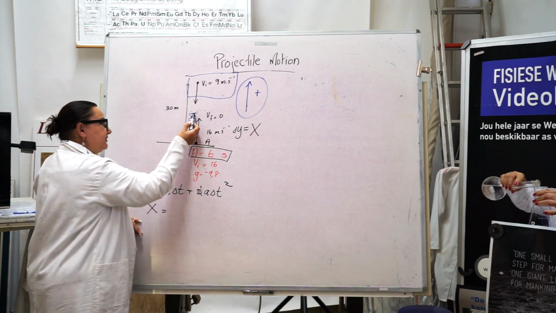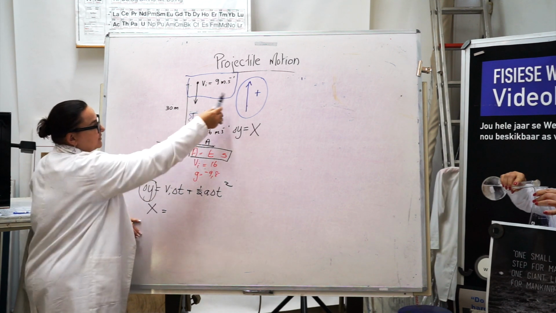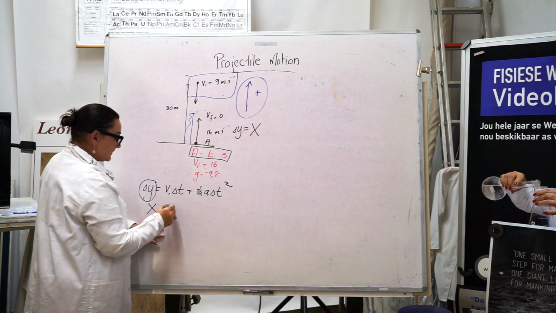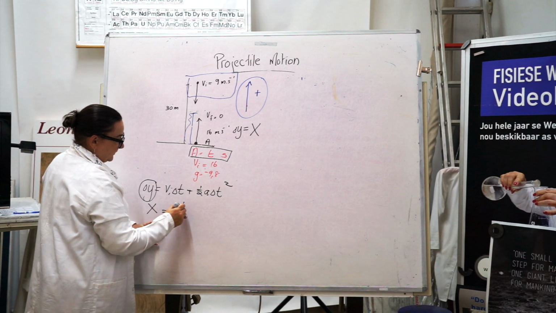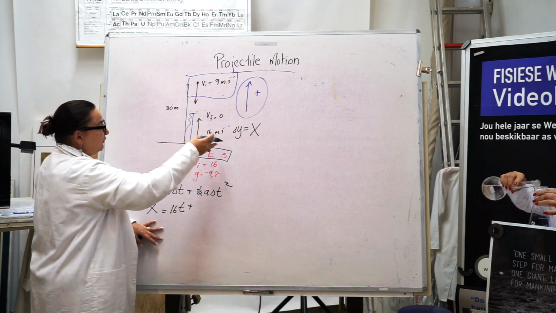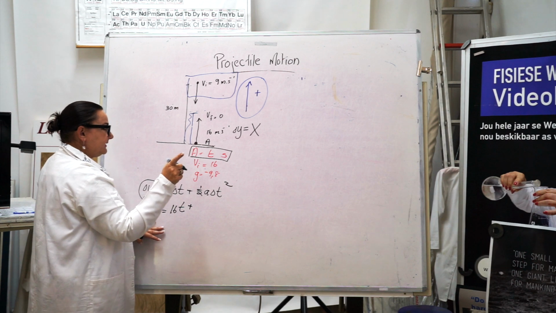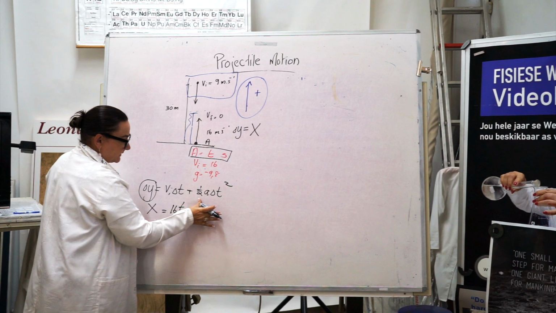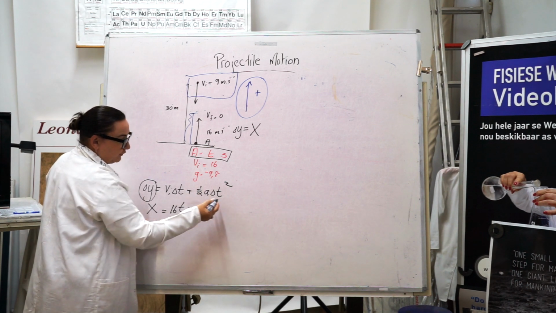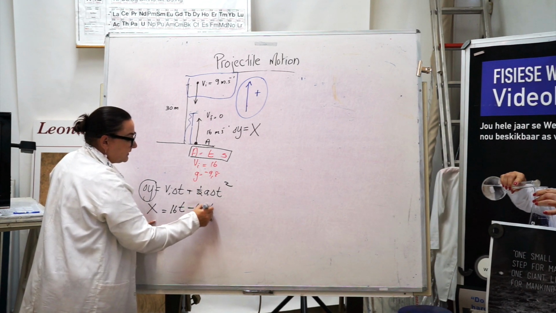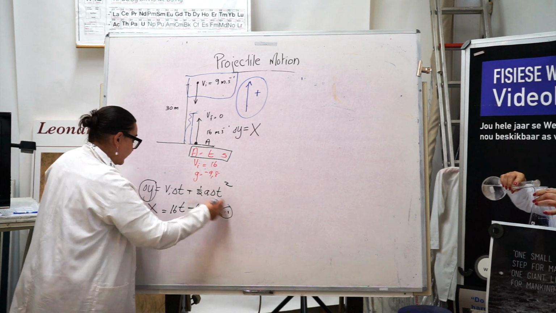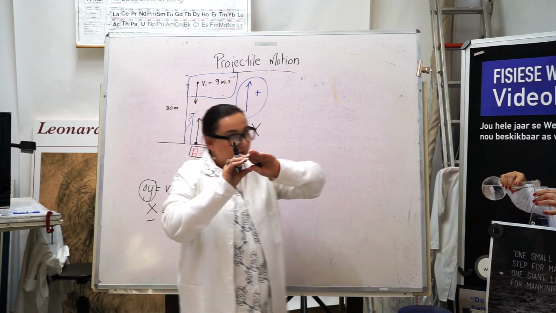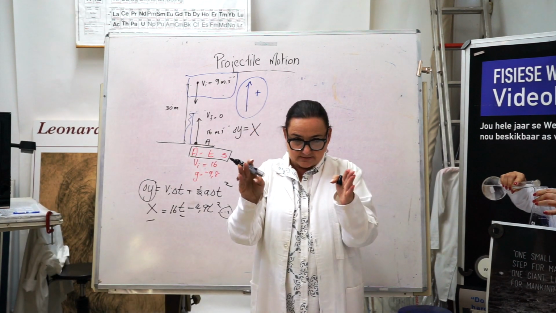Going upwards to that point, it's positive because I chose up as positive. The initial is upwards, so that's a positive 16t. Plus half of 9.8, but wait a minute, I chose up as positive, so 9.8 would be a minus. So it would be minus half of 9.8, which is 4.9 t squared. And you see what I have here is two unknowns. Therefore, guys, just write your formula and leave it there.